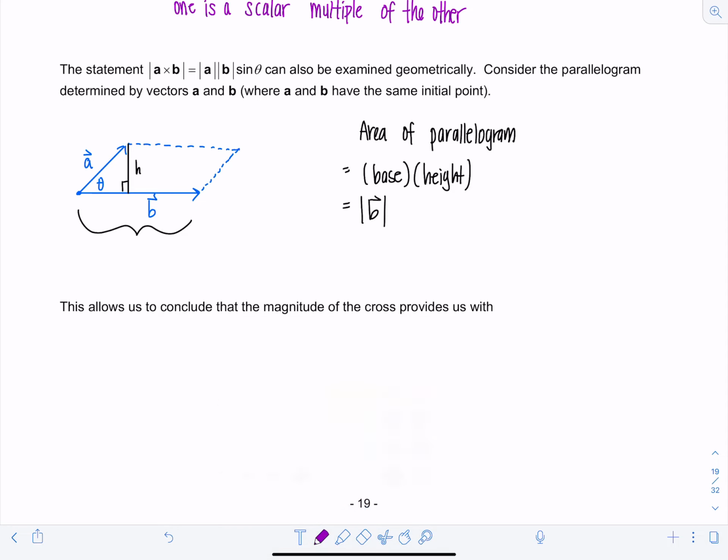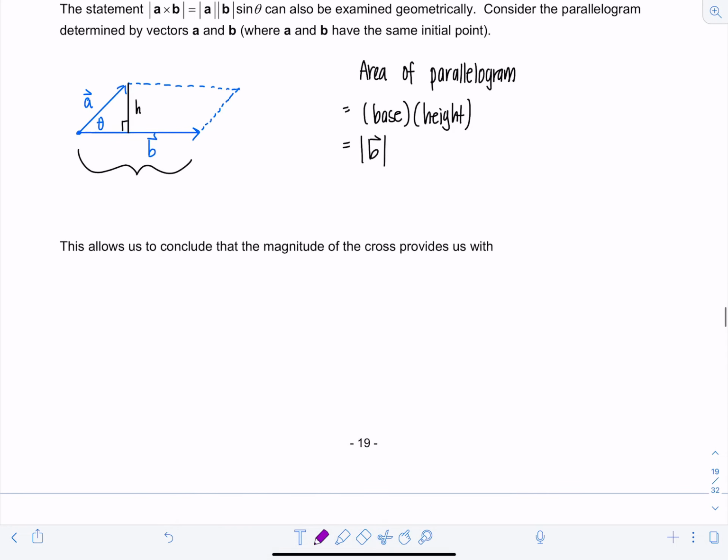Well, notice we have a little right triangle there, don't we? And sine of theta, that's going to be the height over magnitude of A. So that means the height is equal to magnitude of A times sine theta. And this expression hopefully looks familiar. We've written it out like 3-4 times by now.